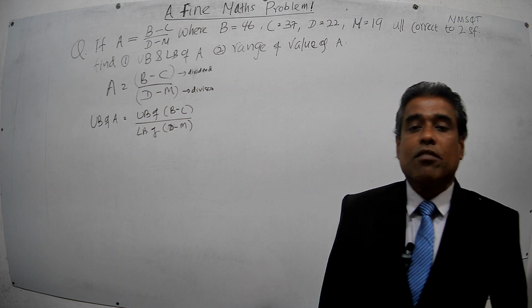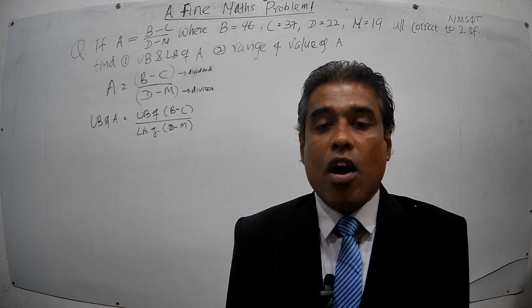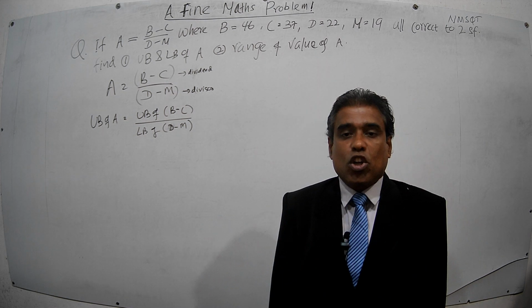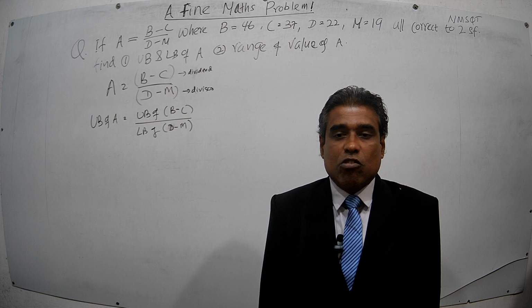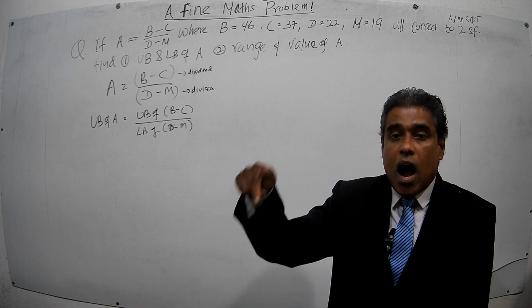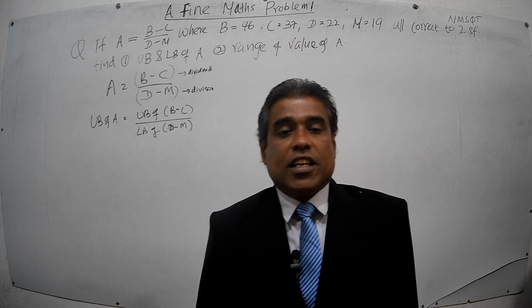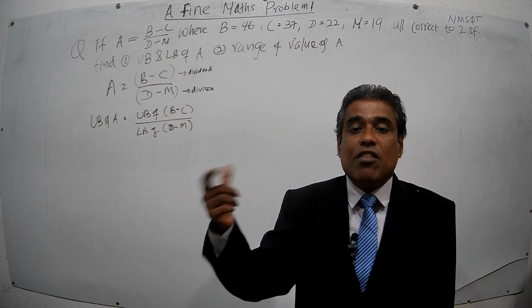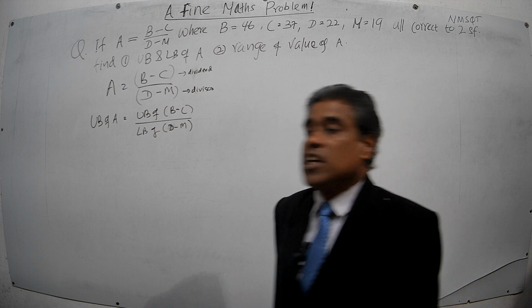Then what is the formula for finding the lower bound of the quotient? Lower bound of a quotient equals lower bound of the dividend divided by upper bound of the divisor.